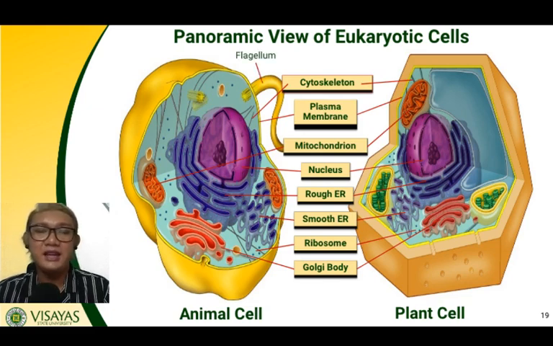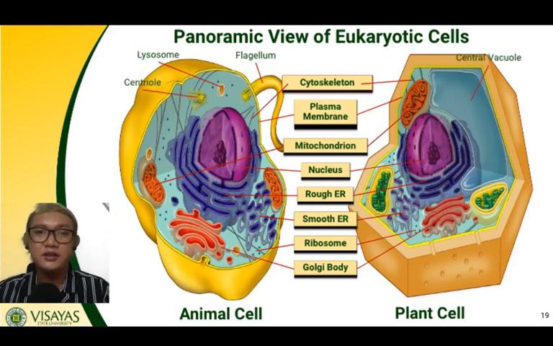But only animal cells have what we call motility structures. It could be a flagellum, or cilia. And only animals have lysosomes and centrioles.